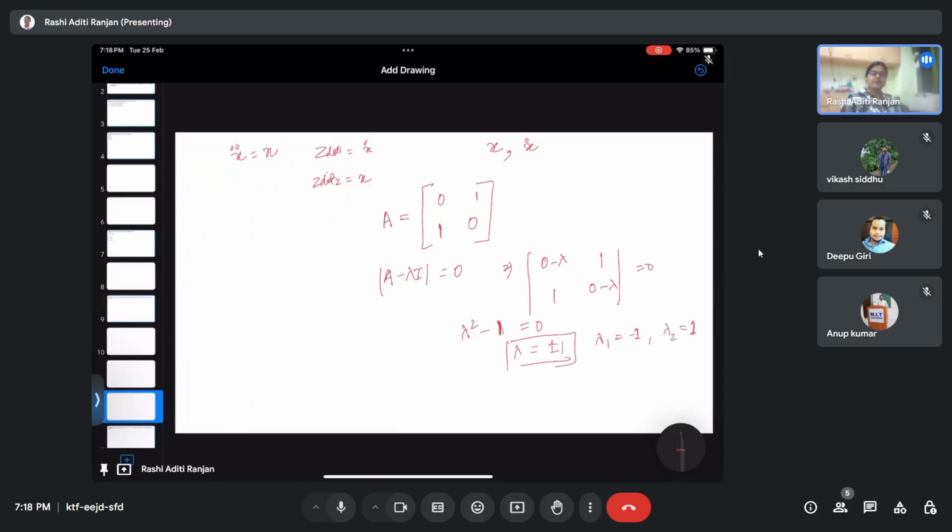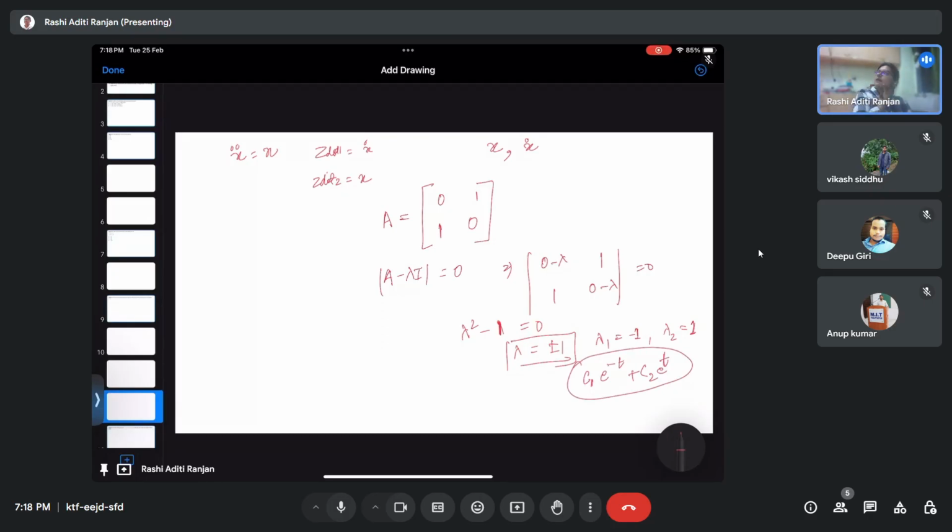As I told you, one of my eigenvalues is positive and another is negative. So the general solution could be c1 e to the power minus t plus c2 e to the power t. This is going to be my general solution.